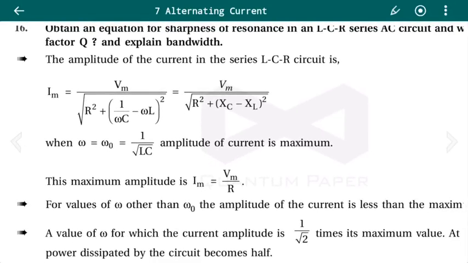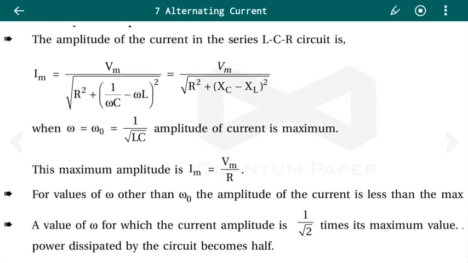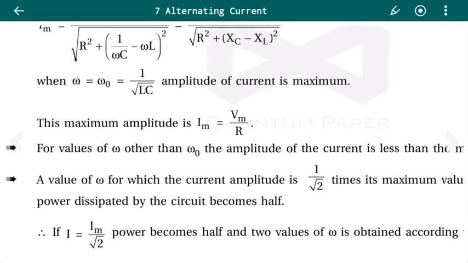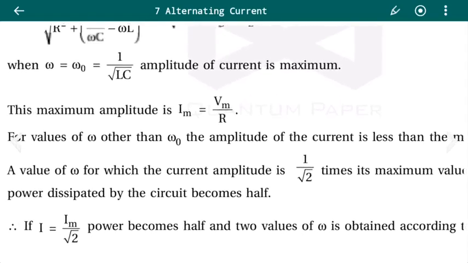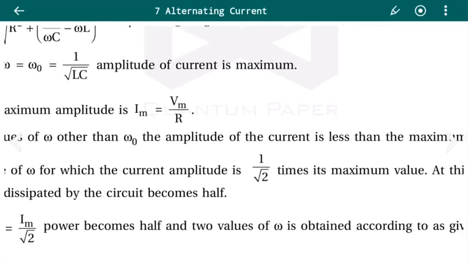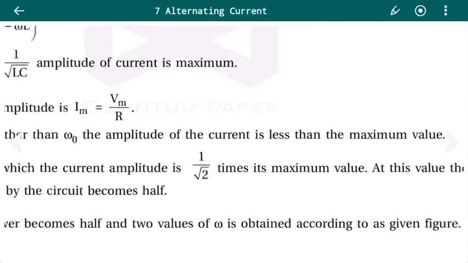When we take omega equals omega 0, that is equal to 1 upon root LC, the amplitude of the current is maximum. This maximum amplitude is Im equals Vm by R, that we have already seen in the previous theory. For values of omega other than omega 0, the amplitude of the current is less than the maximum value.